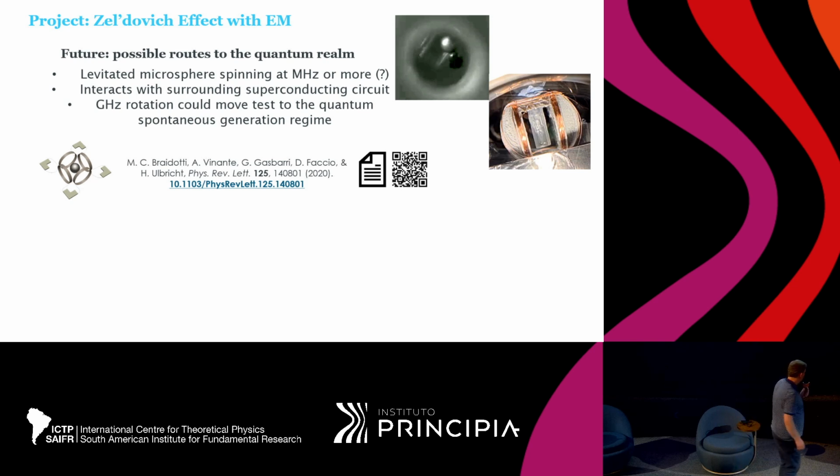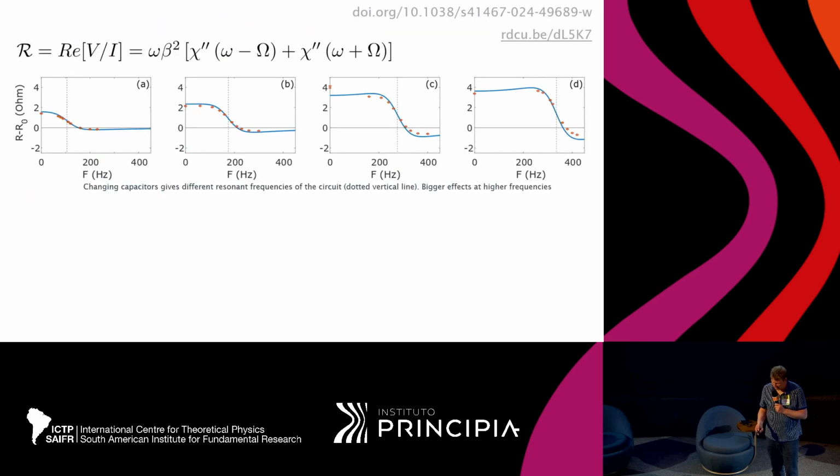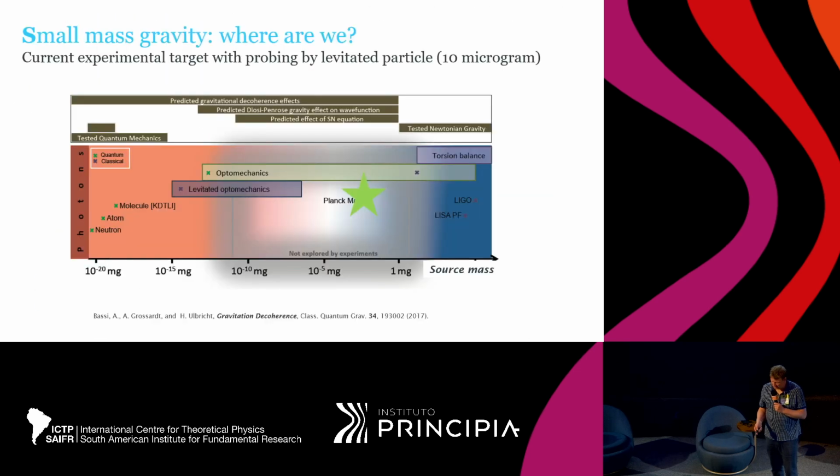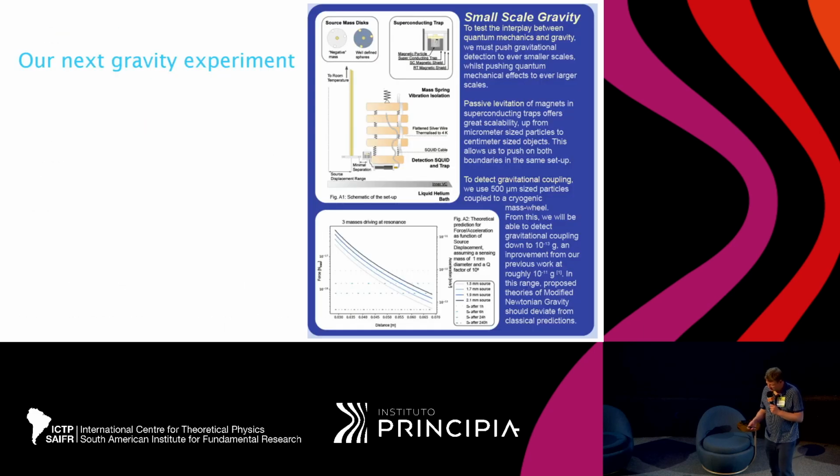For inside the cryostat, let me go to the slides, it's a very similar idea. Just bear with me, clicking through the slides. If you can see this, there's still the vibration isolation system with the probe particle, and here is a mass wheel which is on a long stick.